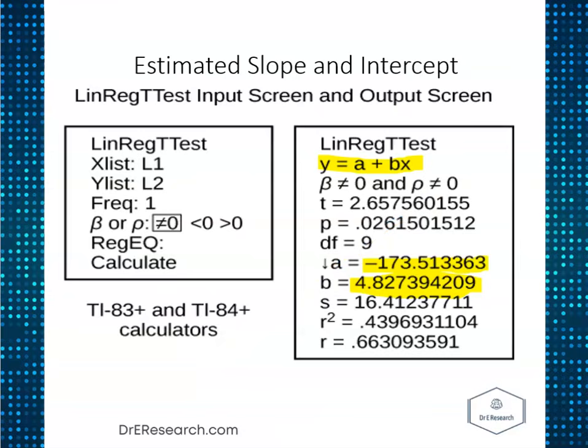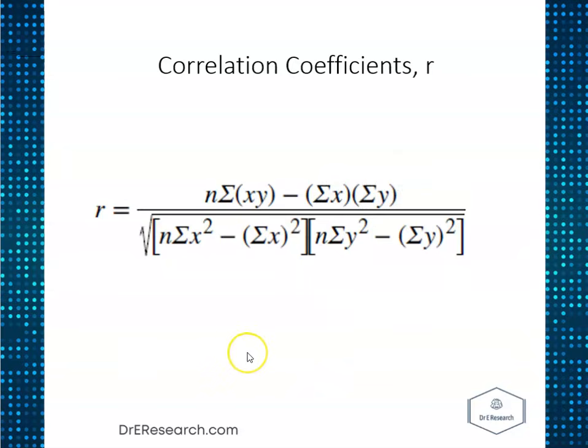Well, the way that we examine that is by a measure called R. And R is actually mathematically very closely related to B, the slope here. This is the equation, or one of the ways of formatting the equation, for R, the correlation coefficient, and it's mathematically related to the slope.